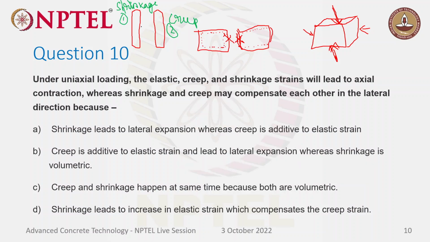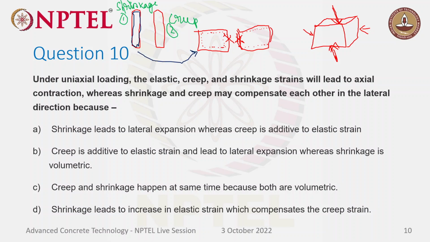Okay, so what will happen if the concrete shrinks? It will shrink from all directions, right? So overall there will be some reduction in the size of the column depending upon the type of cement. I'm assuming it reduces in all directions, similar to this one.